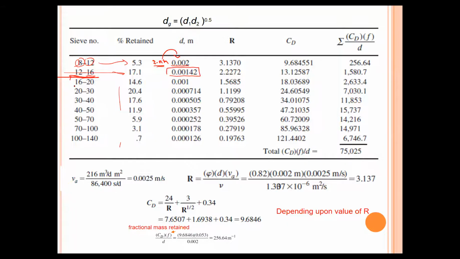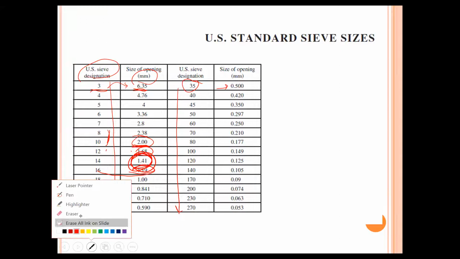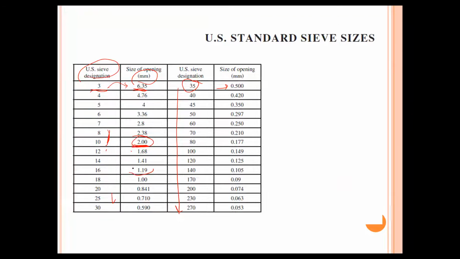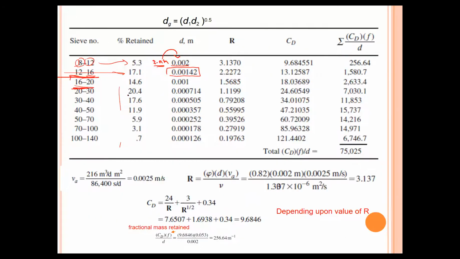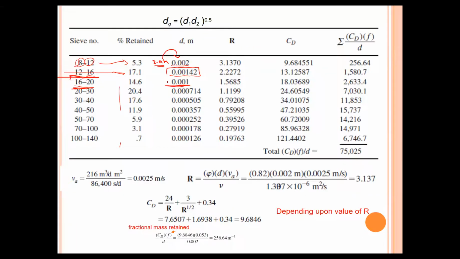And if 16 and 20, 16 is 1.19 and 0.084. So they use, for 16 and 20, somewhere in the middle value. In between, this middle value is 1. So they use 1 millimeter, that's 0.001, and so on.